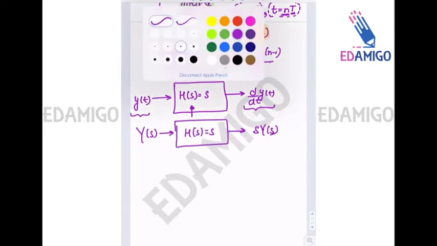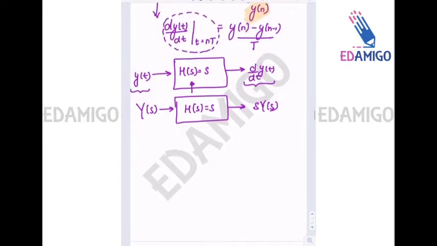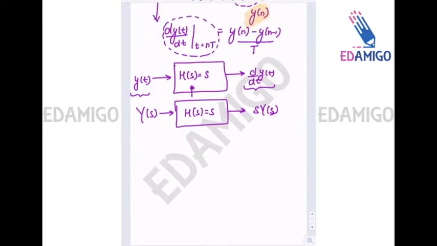Similarly, if we look at the other side of the equation, let us say this is equation number 2. When y(n) is the input, what should be H(z)?